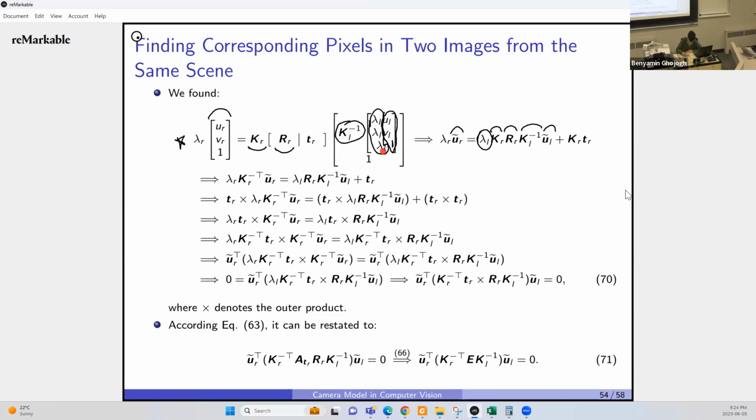Because lambda L was multiplied by 1. So I have this. I also have KR TR times 1. It's here. KR TR times 1. Right?